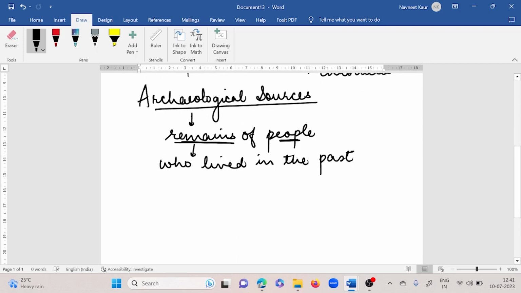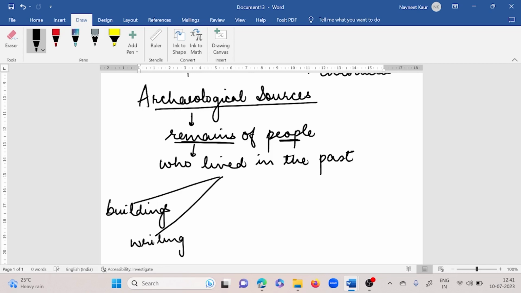Fine. So, what could be the examples? What could be the remains of people? They must have lived in some buildings. There must be some writings on stone walls. There could be some houses. There could be some pieces of metal plates.